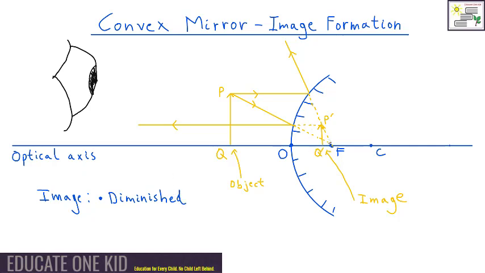Notice also that the image, this arrow here, is pointing up, just like this object here. Okay? So we say that the image is upright. And finally, the last property to note about the image is that it is a virtual image.